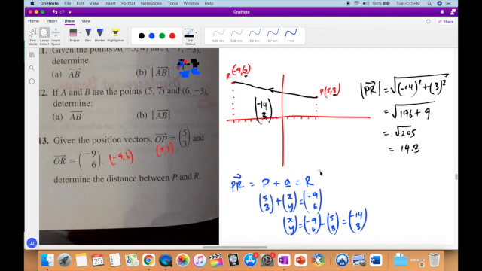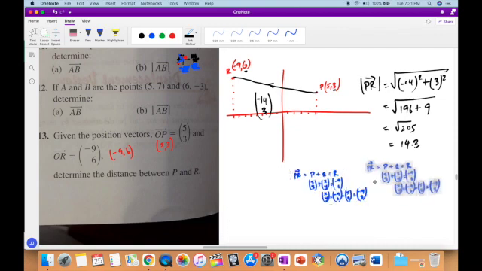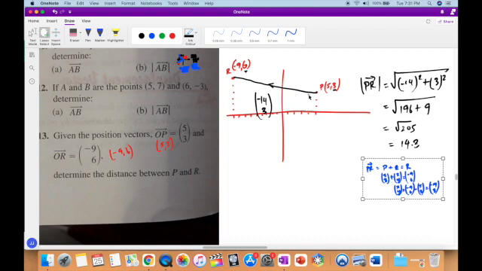Now, there is a third way we could have done this, and that is using position vectors. You can see that I just used a little bit of reasoning, so you didn't have to do the translation way, and you didn't have to do the position vector way either. But let's look at the position vector. We want to find PR, right?